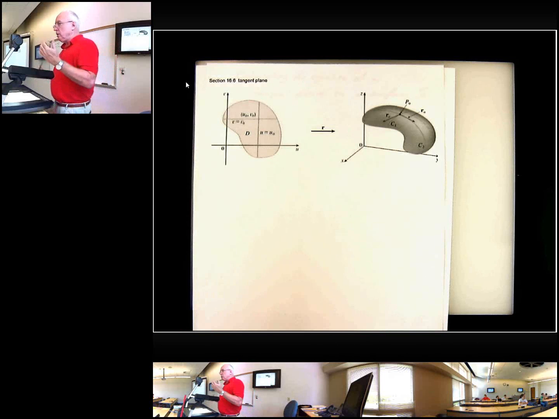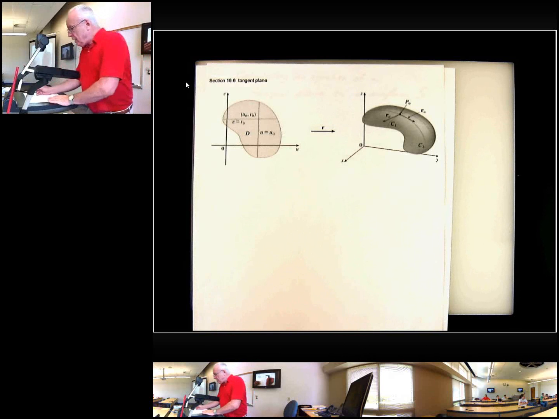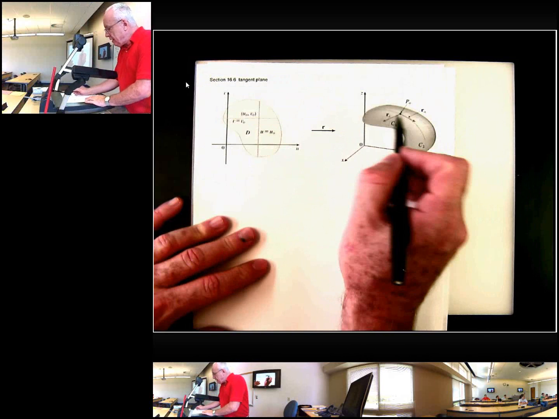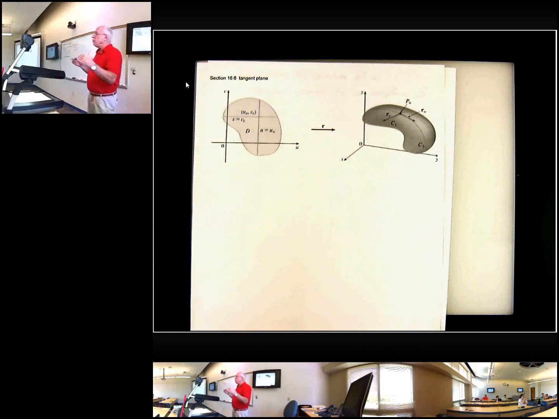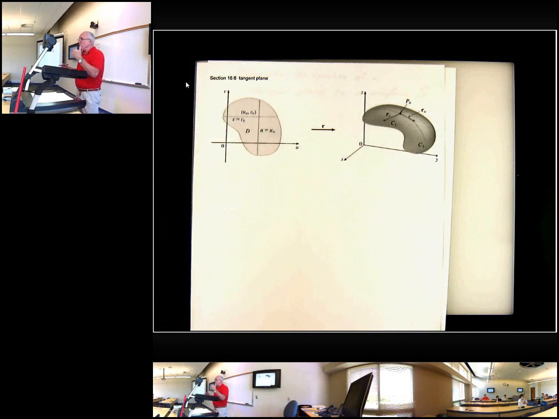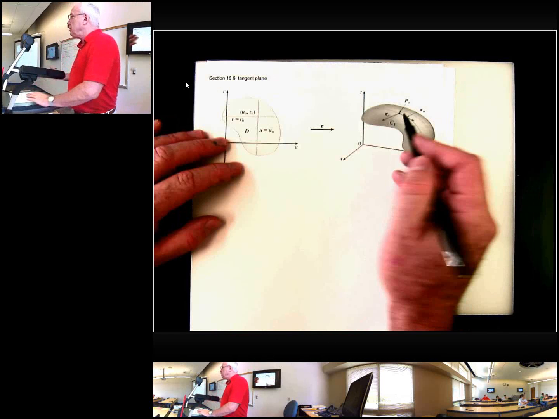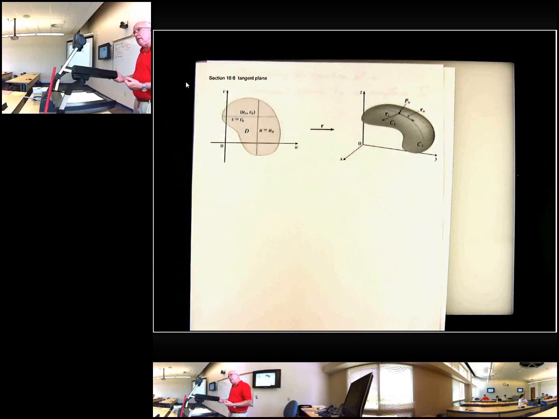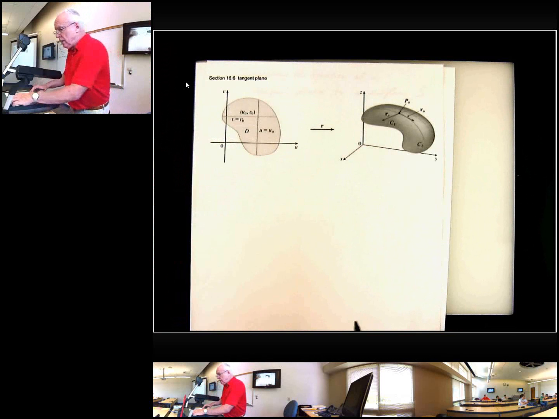So it has an x, y, and z coordinate. And what we're going to look at here from this point is the fact that we've got 2 vectors that go in 2 directions. One is going in the direction of the u variable, the other one in the direction of the v variable. All right, and that's going to be how we're going to calculate this tangent plane equation. And I'll bring this back in just a moment here.